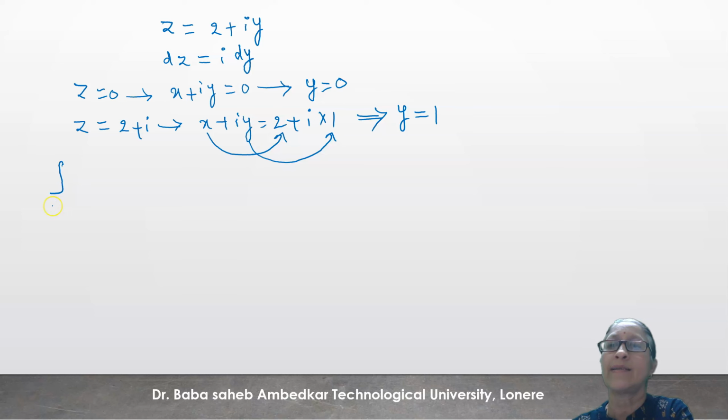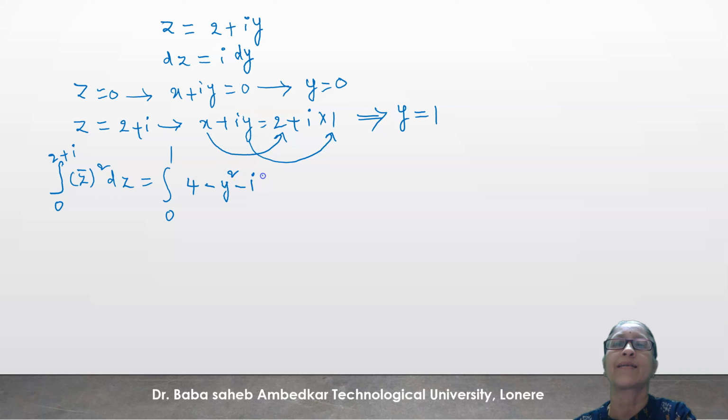Now integral 0 to 2 plus i conjugate of z square dz equal to integral 0 to 1. Here the integrand is converted into 4 minus y square minus i into 4y dy.